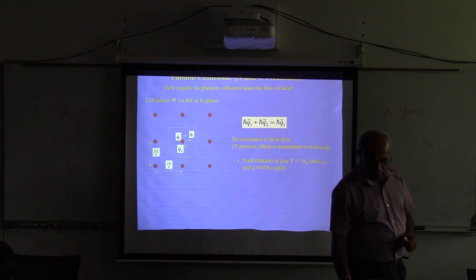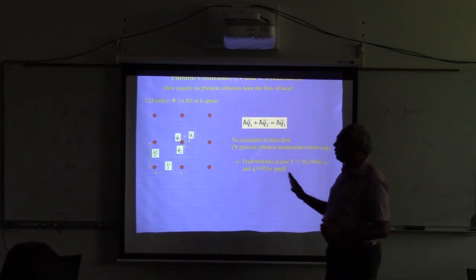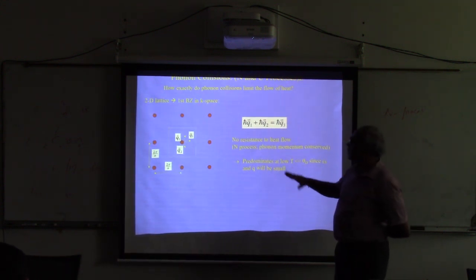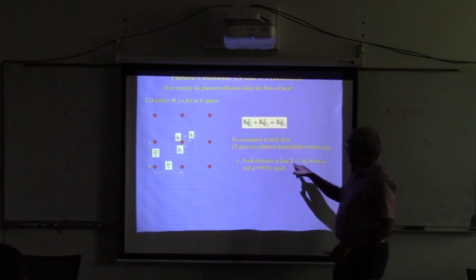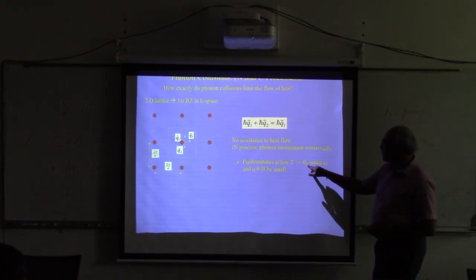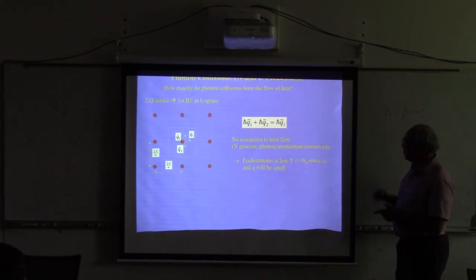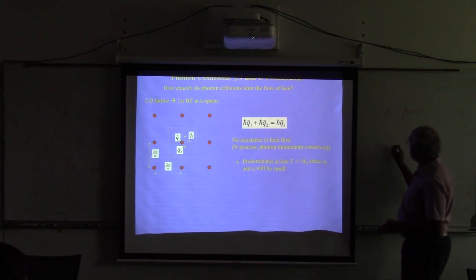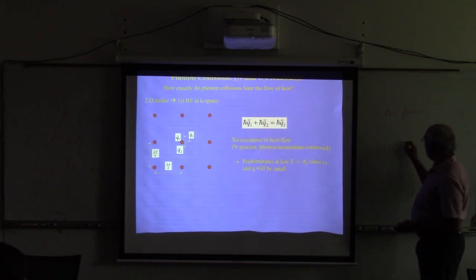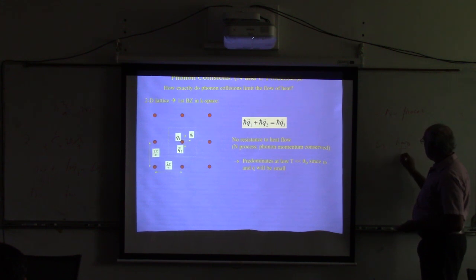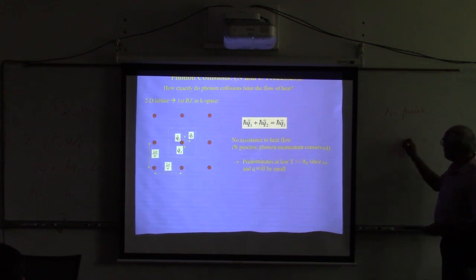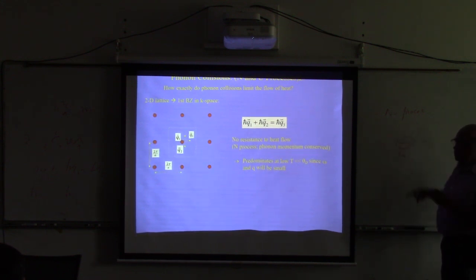This is usually true at low energies or low temperatures. Typically, remember we talk about everything in terms of the Debye temperature, which is given by h cross omega d over kB, where omega d was the cutoff frequency.